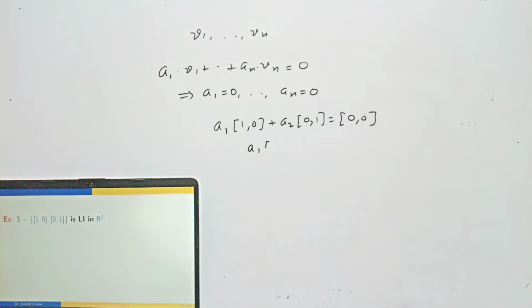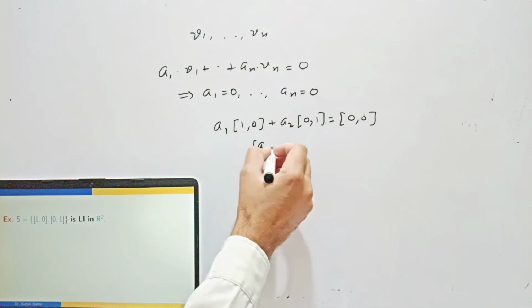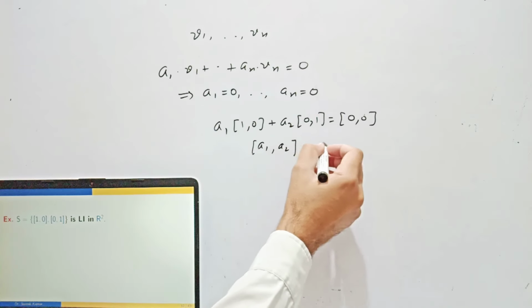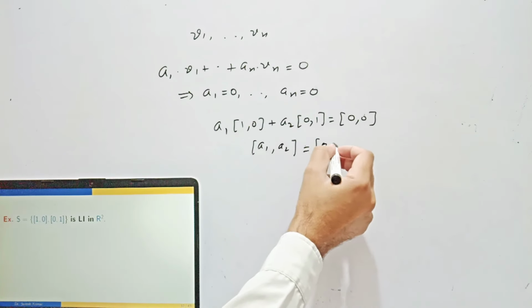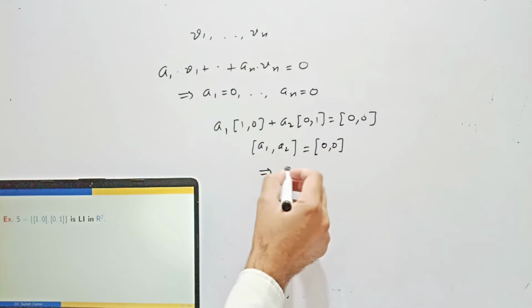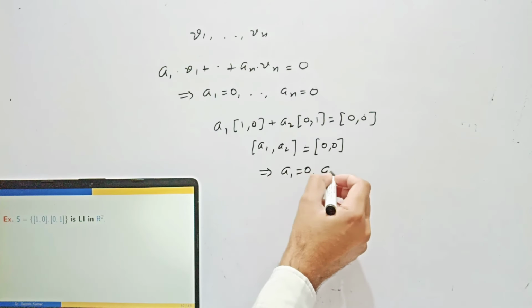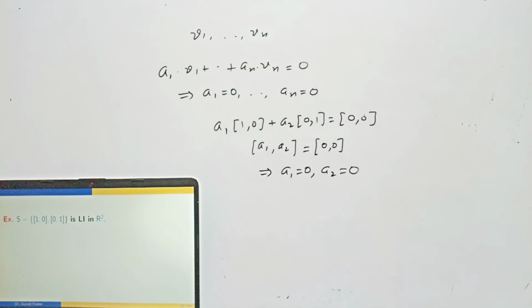So if you simplify it further, what do you get? What is the left hand side? (A1, A2). This is the left hand side calculation, right hand side is (0, 0). From this, what do you get? A1 is 0 and A2 is 0. That means the vectors are linearly independent.